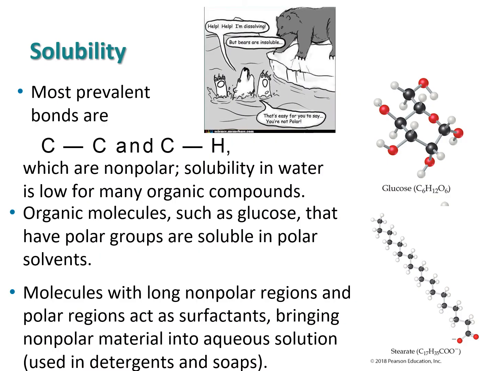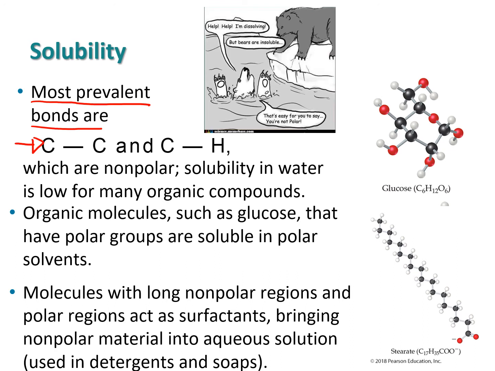As we've learned so far, we know that organic compounds contain carbon and hydrogen. The bonds that come up most often, and you will see most often in organic molecules, are carbon to carbon single bonds and carbon to hydrogen single bonds.